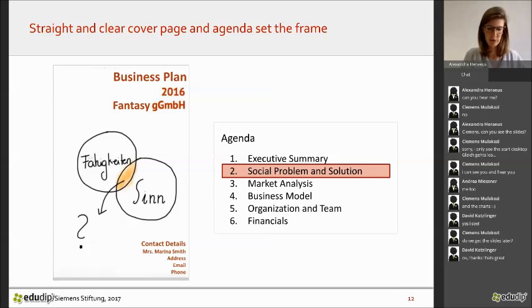What I wanted to show you here is what I said about the business plan title: it definitely needs to contain the name, the year, and the contact details. And I like this example because you can see that it's about being professional and having everything that you need, but also this picture here, even though some of you might not understand because it's German, shows you that there is still room for some creativity.